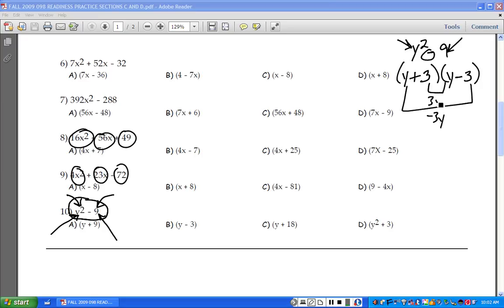Inside we get positive 3y. And notice 3y minus 3y cancels. That's why we don't have a middle term. Notice there is no term that's just a y. It's a y squared term, then a term without a y, as opposed to a term with a y squared, then a y, then a constant.